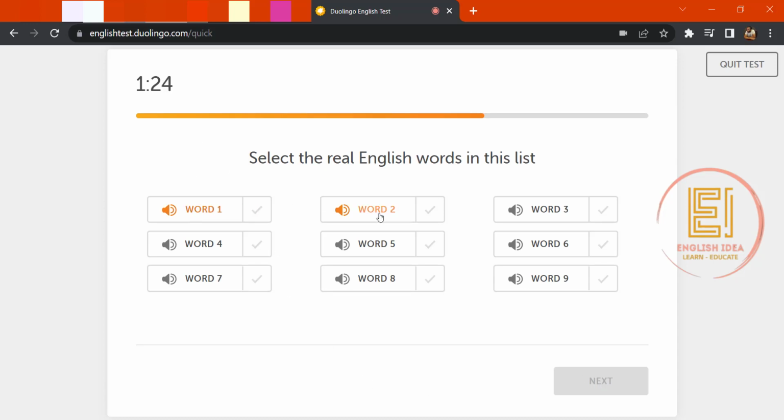Auspiciant. Ticketable. Inductive. Misinterpret. Ventiblant.